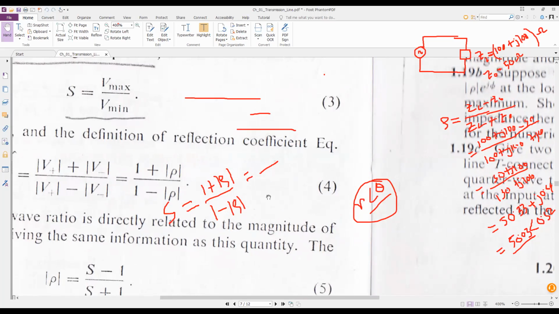It's okay. So just add one. But the thing is, it should be positive. Range of S is 1 to infinity. So here it would be negative. It shouldn't be negative.